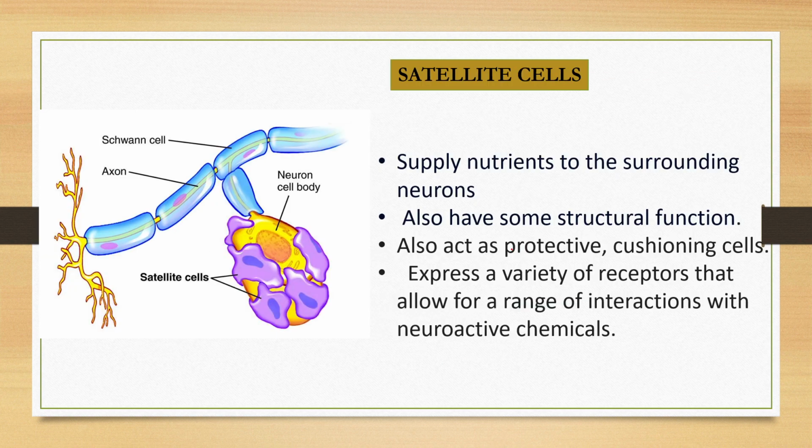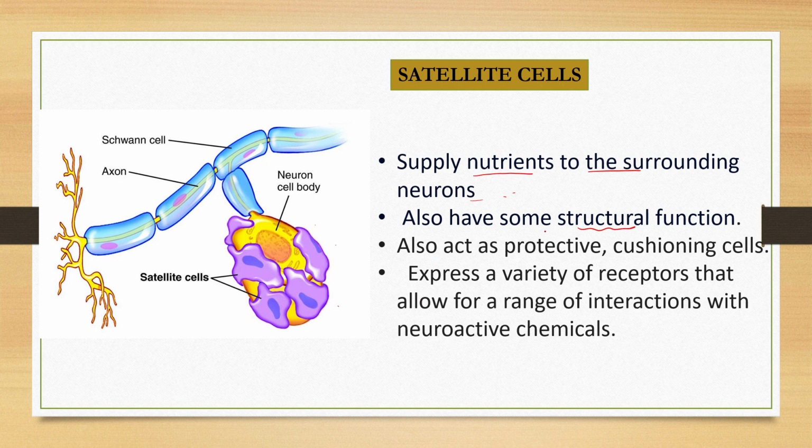The next type of neuroglia present in the peripheral nervous system is the satellite cells. These are the satellite cells. They are especially responsible for providing nutrients to the surrounding neurons. They also have some structural function.